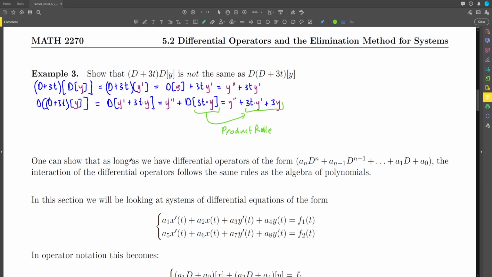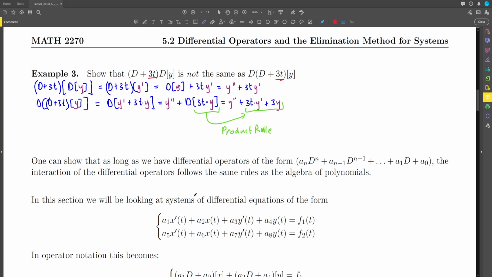Now, one can show that as long as we have differential operators of the form a constant times a power of D, then the interaction of the differential operators follows the same rules as the algebra of polynomials. So what went wrong in our previous example is that we included a function of t in our differential operator. So as long as we keep it to powers of D and constants, it follows the same rules as the algebra of polynomials.